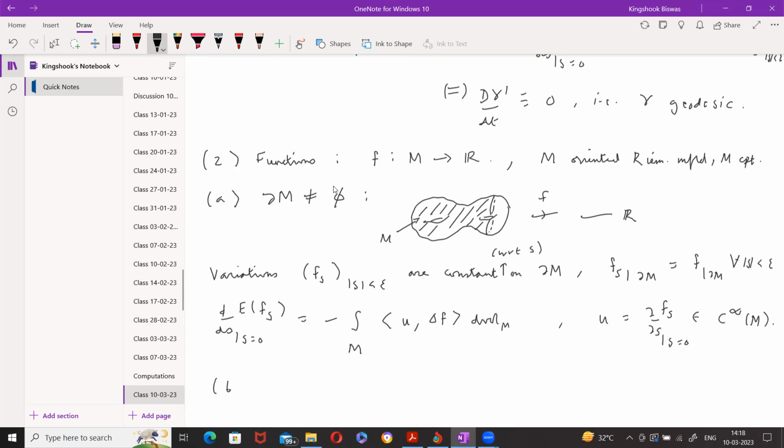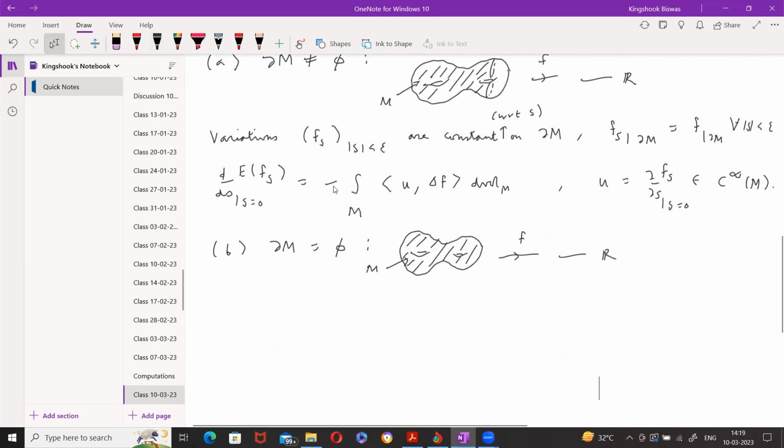And the second case is if the boundary is empty, for example, this whole genus 2 surface would be M. Then you can take any variation, any variation allowed.